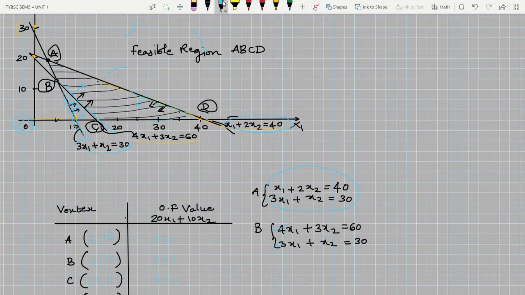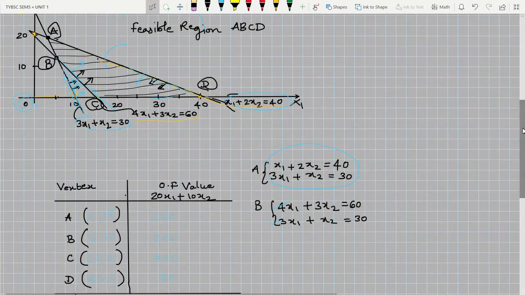Whereas point D will have the coordinates 40, 0. So I'll write down the coordinates. C is 20, 0 and D is 40, 0.